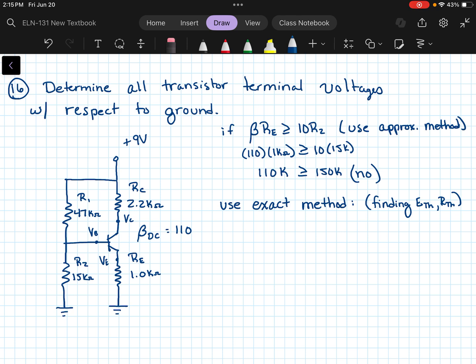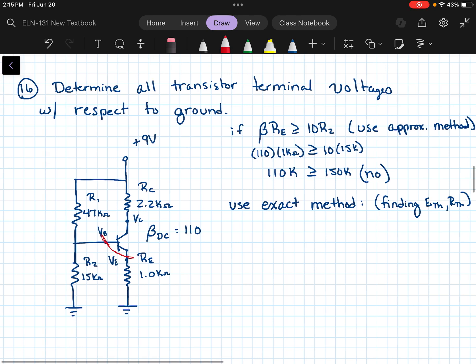Essentially what Thevenin's equivalent circuit means is that we're going to take our circuit from the base to the emitter, and consolidate that and find the equivalent voltage source and resistor that would be in series with that in order to give us the same voltage and the same current there. So I'll just give you equations to do that.